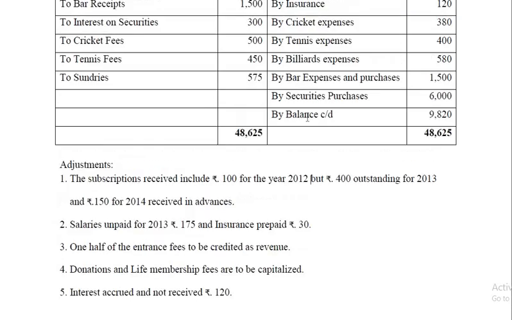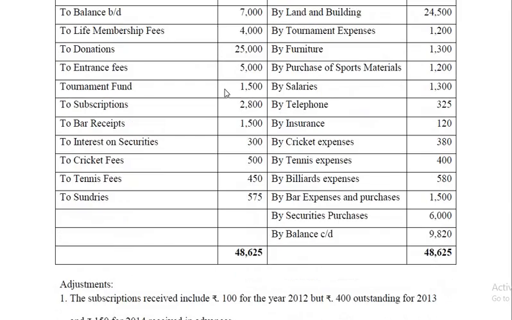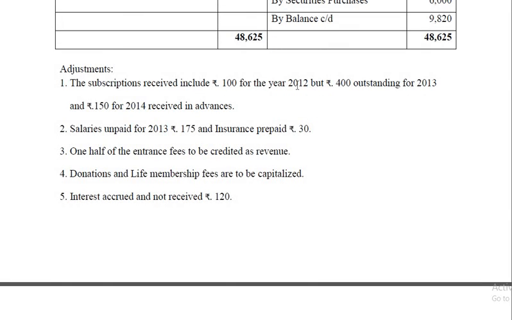Here you need to prepare the final accounts, income and expenditure account and a balance sheet for the year 2013. Whereas subscriptions received here given in the receipts and payments account includes rupees 100 for the previous year, that is 2012. So 100 rupees are to be deducted, and this will come to the opening balance sheet asset side.